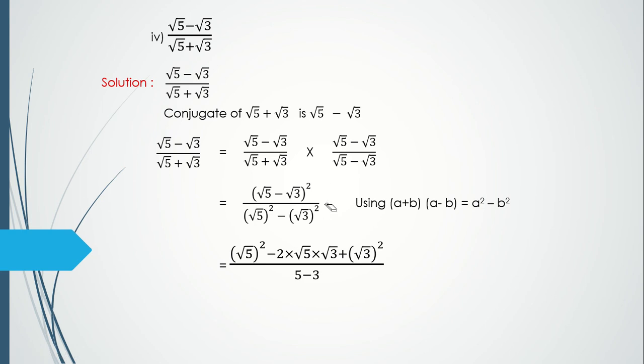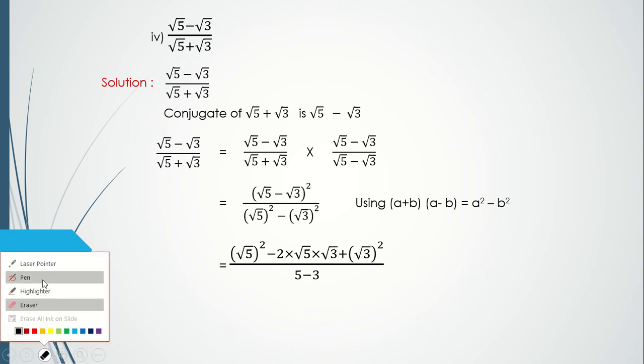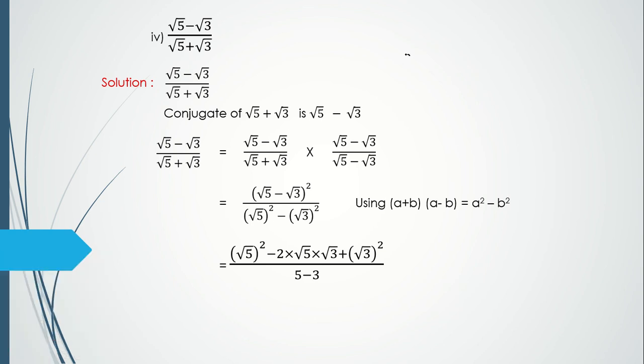And in the numerator we just expand it using the formula: a plus b the whole bracket square. I hope you can remember that formula. It is a square plus 2ab plus b square.